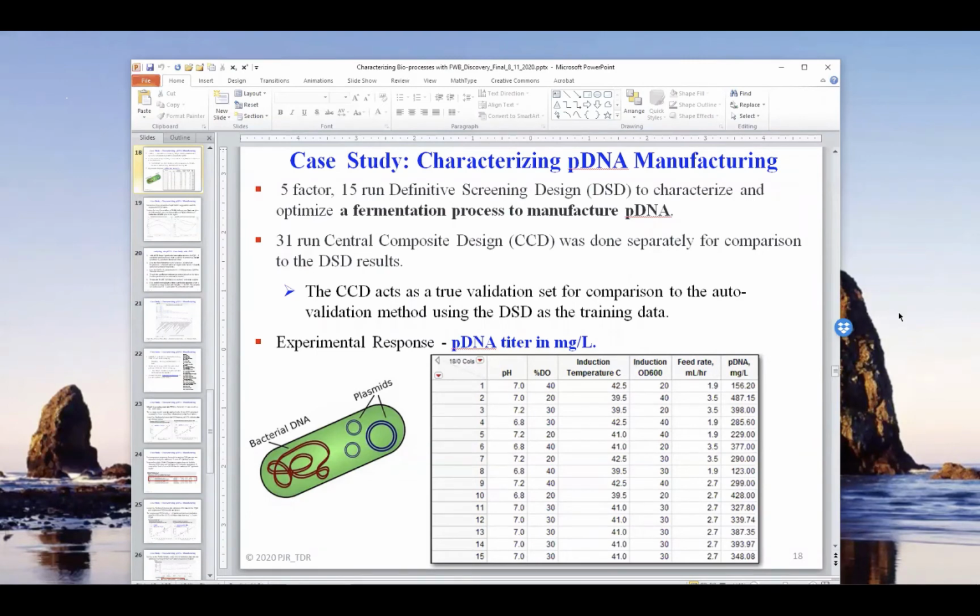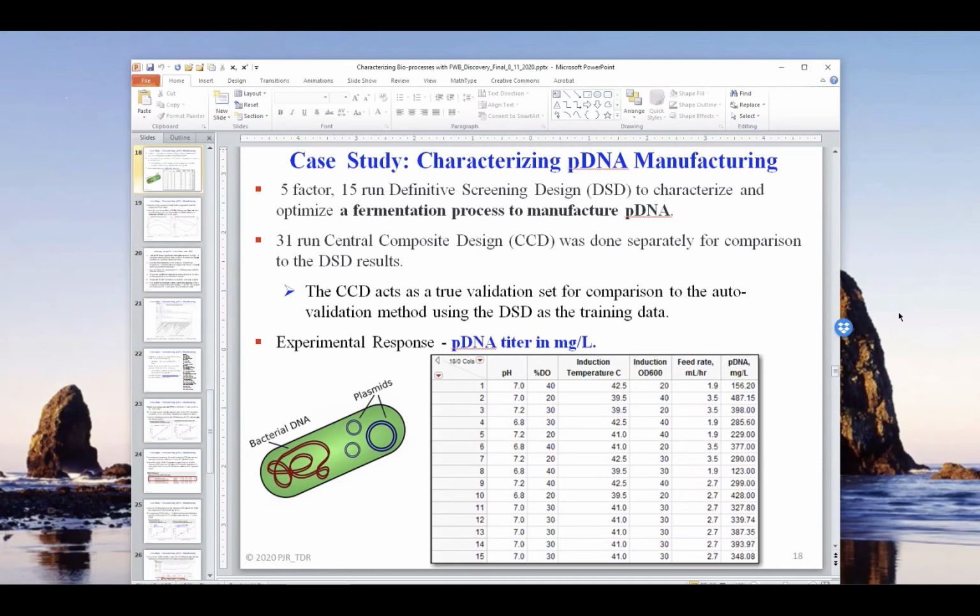So recall, the original experiment is a 5-factor, 15-run definitive screening design. And the response is the titer of pDNA. But also remember, and it's important to note this is completely separate, a 31-run, much larger central composite design was performed, and the goal was to compare the two designs and see if the much smaller definitive screening design would reach the same conclusions as the 31-run design.